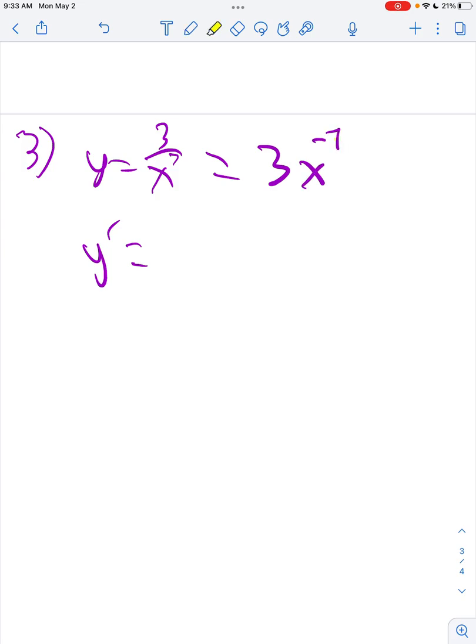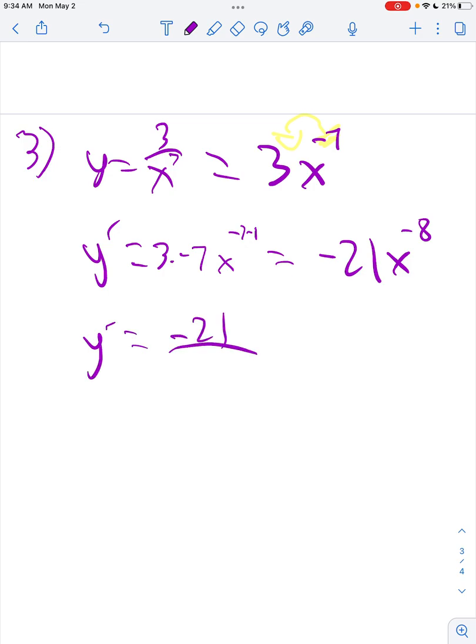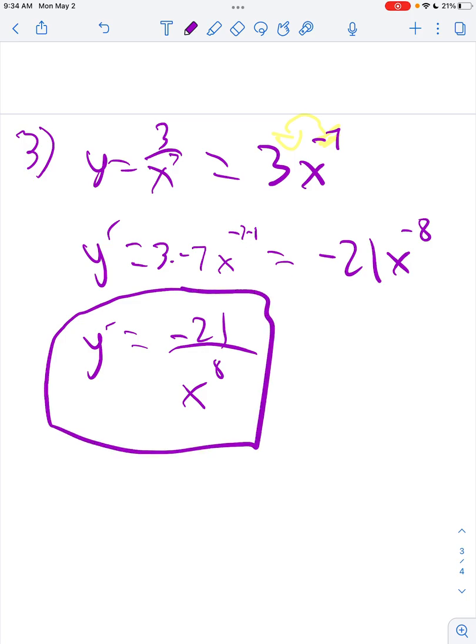When I bring this number out front, I have to multiply. So 3 times negative 7, and then the exponent is negative 7 minus 1: negative 21x to the negative 8. So my final answer is negative 21 over x to the 8th power.